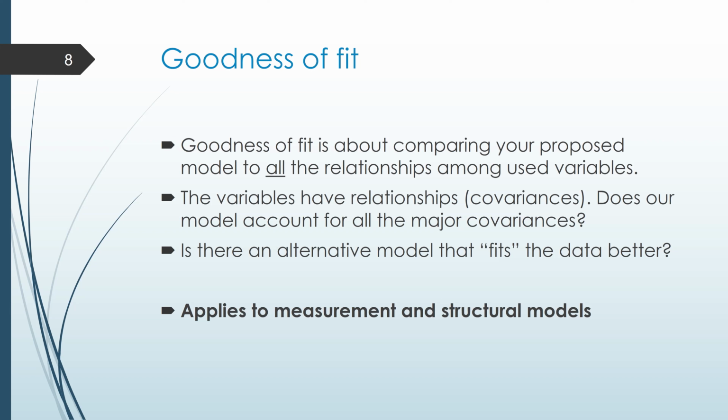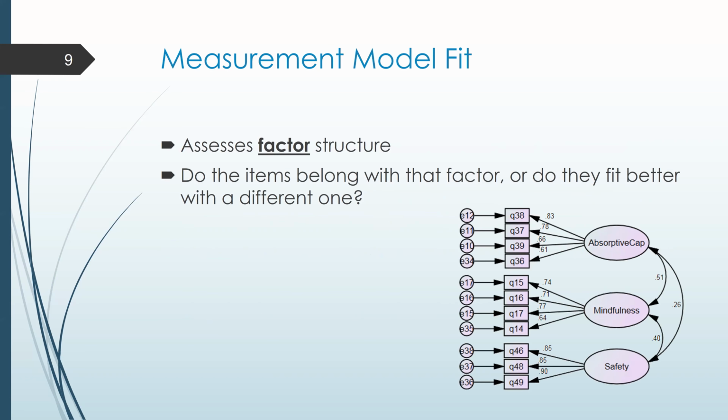But the general chi-square we want to minimize, which is the absolute fit of the model, which is just the difference between the observed and proposed covariance matrix. But conceptually, what it is, does our proposed model fit the reality of the data that we collect? And if it doesn't, then it's a bad model. It's not representing reality.